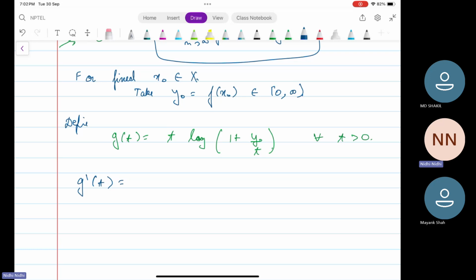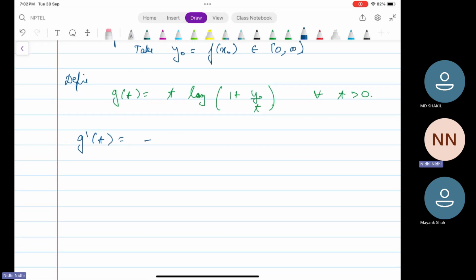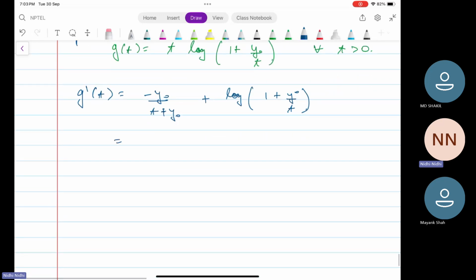So its derivative will be minus y naught upon (t + y naught) plus log(1 + y naught/t). So are you getting this derivative? Yes. Okay. So I'll do some manipulation from here. I'll write it as minus (y naught upon t) upon (1 + y naught upon t), just dividing the numerator and denominator by t. So this will be minus y naught upon t over 1 + y naught upon t, plus log(1 + y naught upon t).